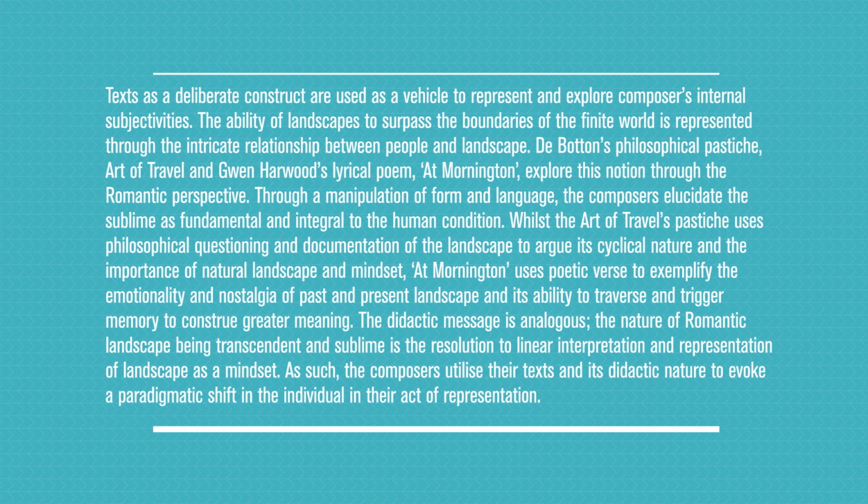The didactic message is analogous. The nature of romantic landscapes being transcendent and sublime, now he brings them together, is the resolution to linear interpretation and representation of landscape as a mindset. As such, the composers utilise their text and its didactic nature to evoke a paradigmatic shift in the individual in their act of representation. He comes back in at the end to the notion of the act of representation.